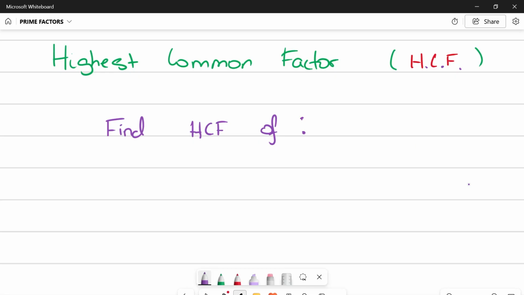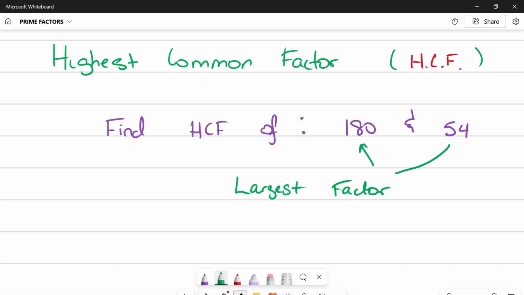Next, how can we find the HCF of 180 and 54? The HCF stands for the highest common factor, and the HCF represents the largest factor that 180 and 54 have in common.